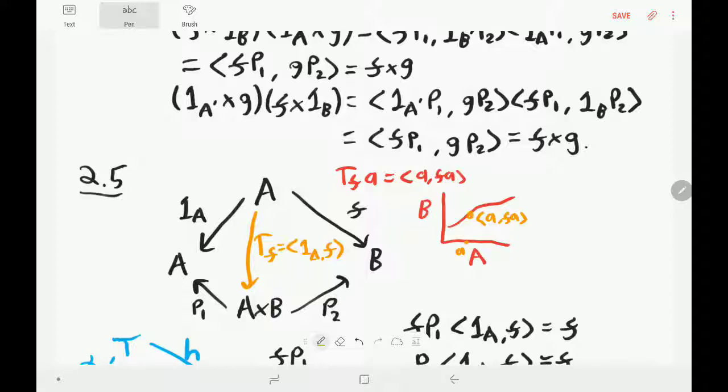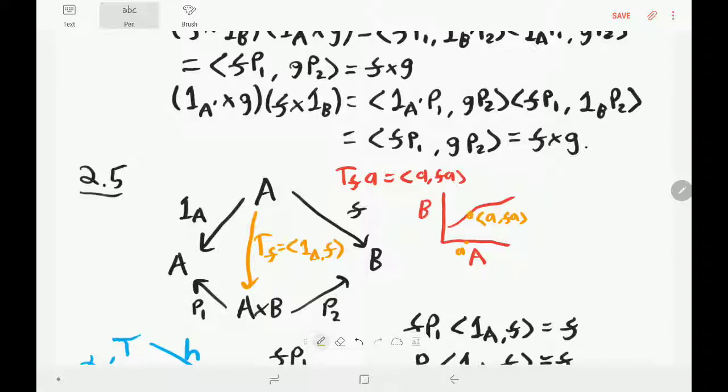Now, also notice that this is really a subset of A times B. In this picture here, it's like a one-dimensional subset of this two-dimensional plane here, this curve.